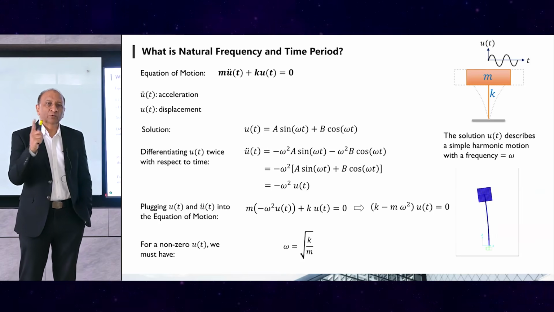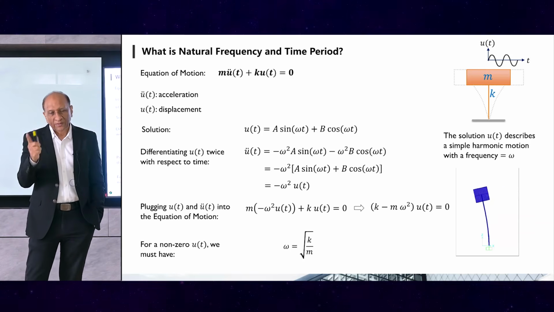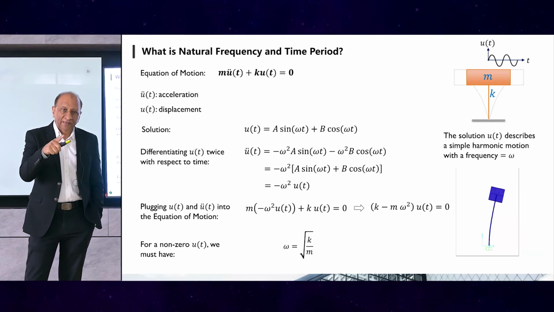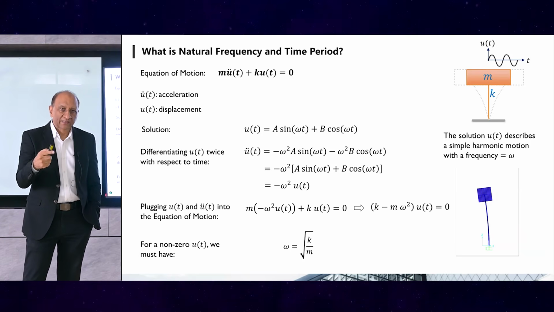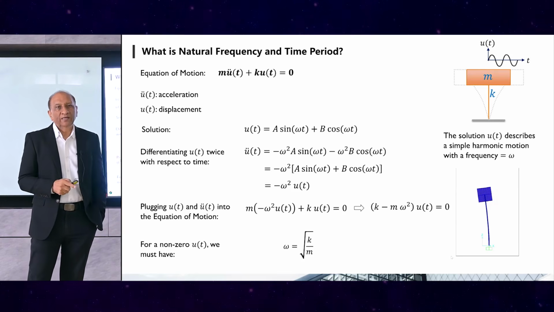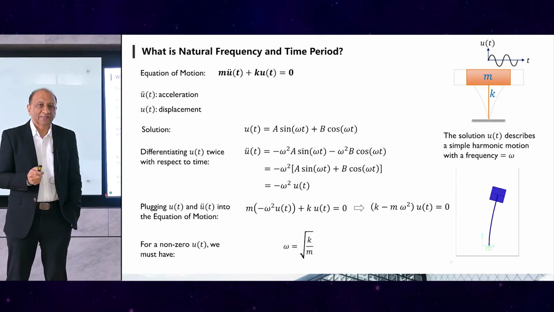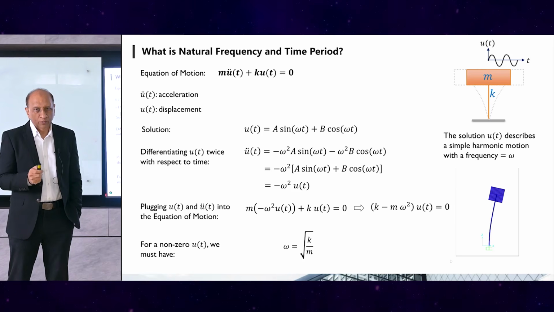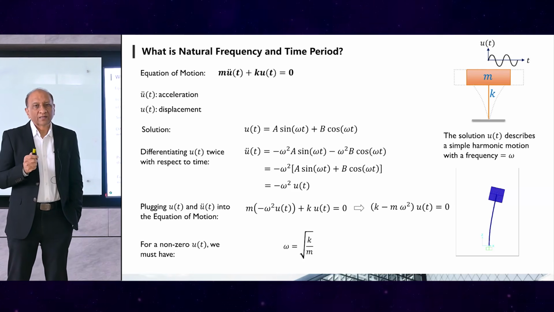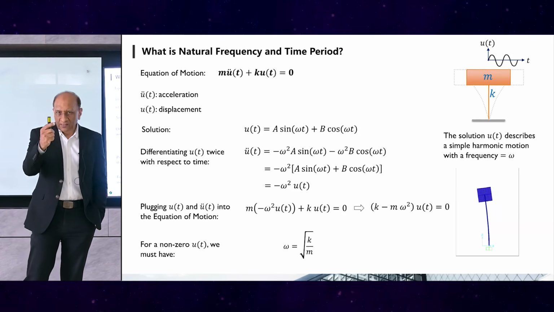We can convert that into linear motion through the sine and cos, and we assume that there is a frequency of this oscillation, omega, and from that we can derive through the first and second derivative, and we can find the solution, and ultimately we can come up with the omega frequency to be the square root of the ratio of stiffness and mass. And that is a very important derivation from this.